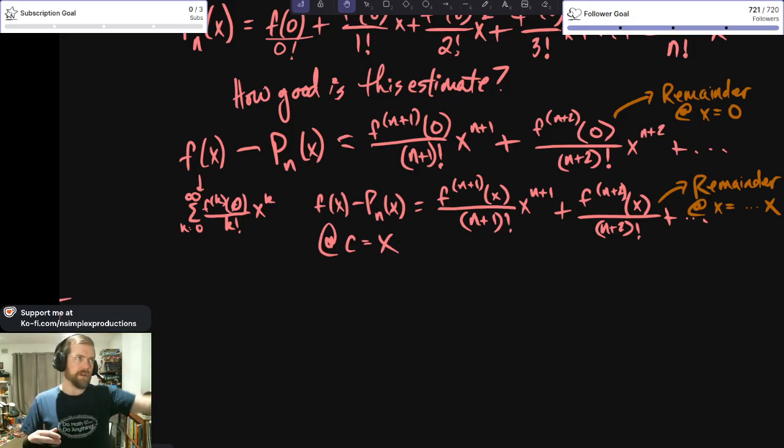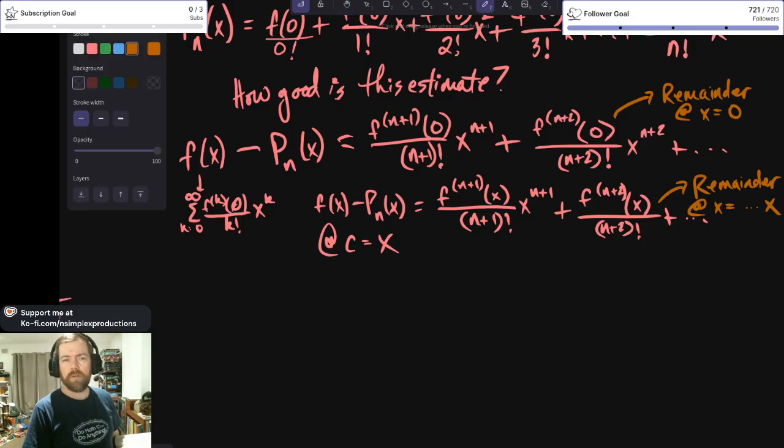It goes on and on forever, but the remainder that we get when x is a generic value, so any particular value that we want to talk about, is going to be fairly similar, but that could be a maximum to this particular error.